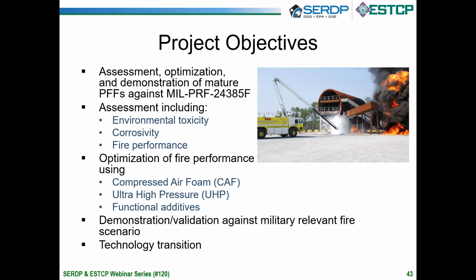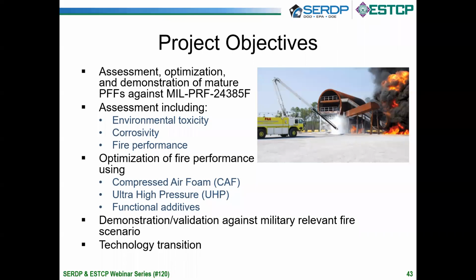And I should say that my co-PI is Dr. Bridget Ashley from Tyndall Air Force Base, so we are performing the work mostly out there at Tyndall Air Force Base in Panama City.